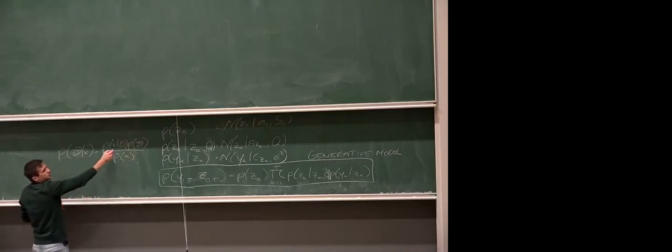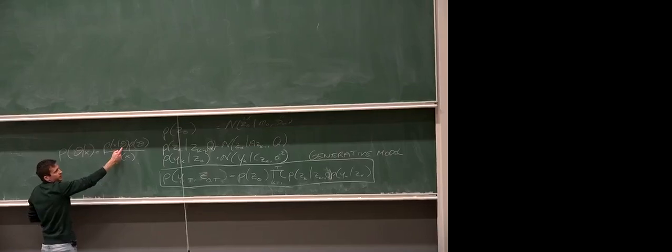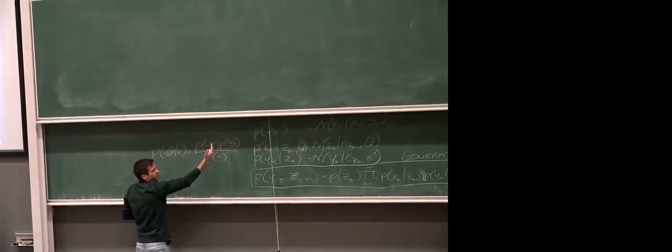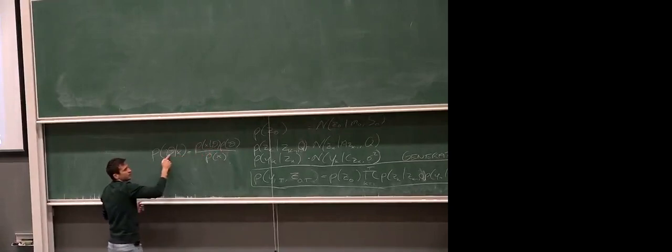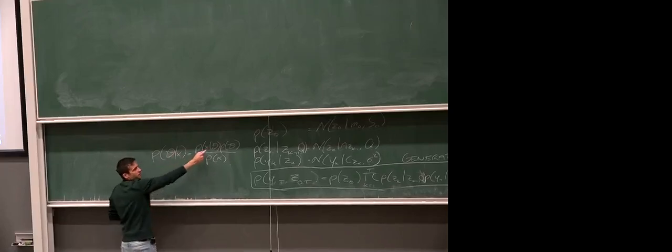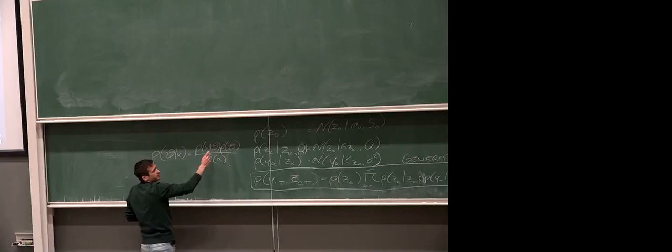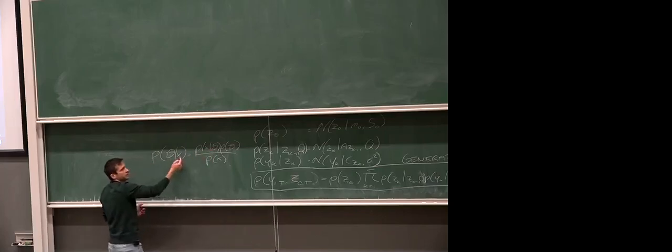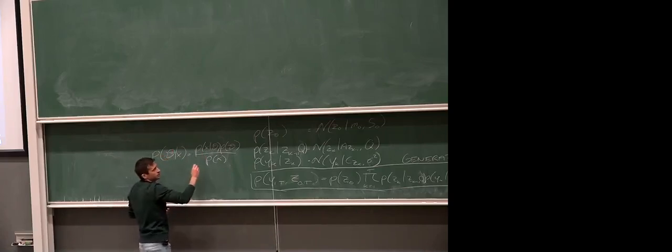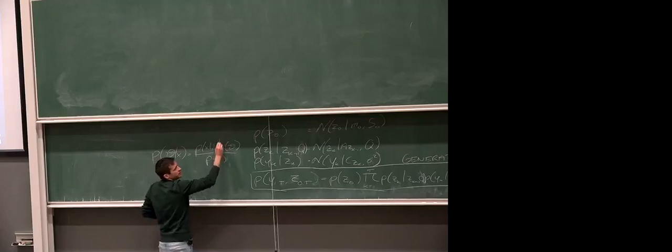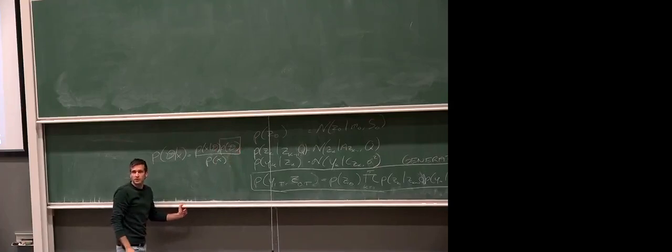So Bayes' rule: we have some variable that depends on some other variable. The data depends on the parameter. And then we want to know what the distribution is over the parameter. So we want to go from x depending on theta to theta depending on x. To do that, we move this theta from the right side of the conditioning bar to the left side. And for that, we need a prior distribution, a marginal distribution.